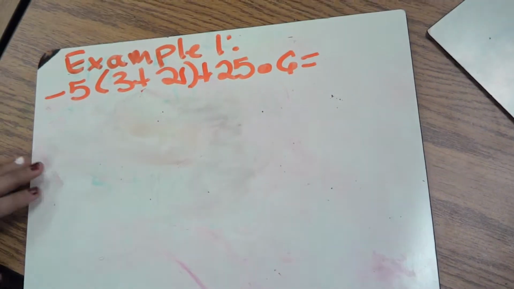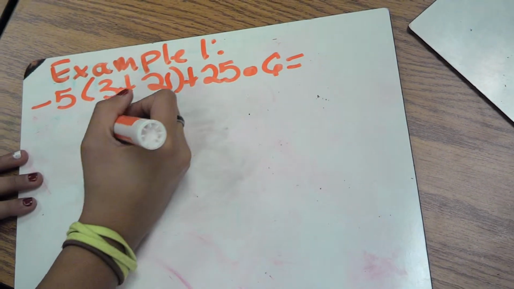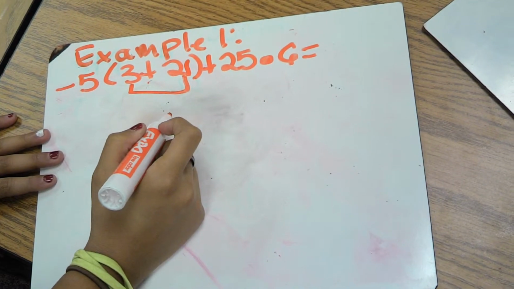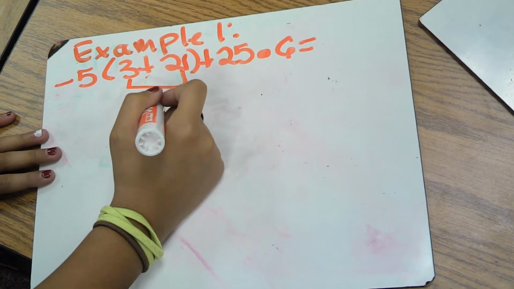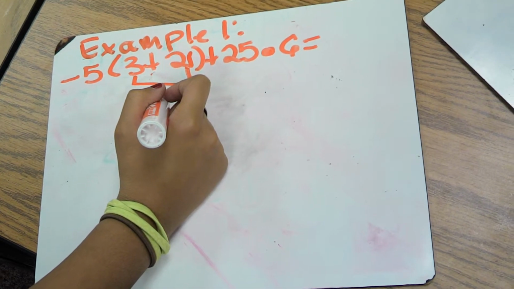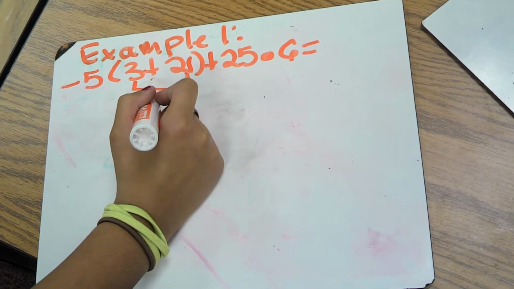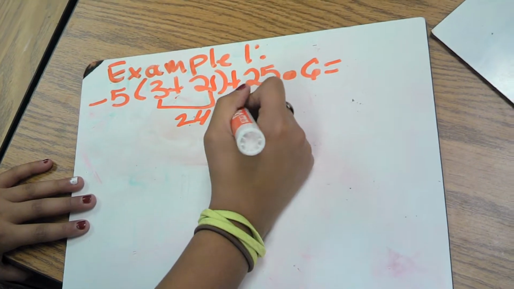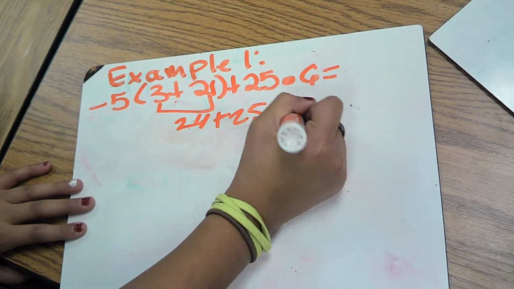Okay, our first example would be this. So first you do parentheses. So 21 plus 3 is 24. Then you bring all this stuff down.